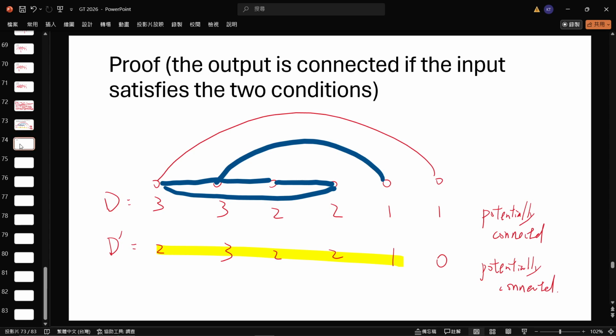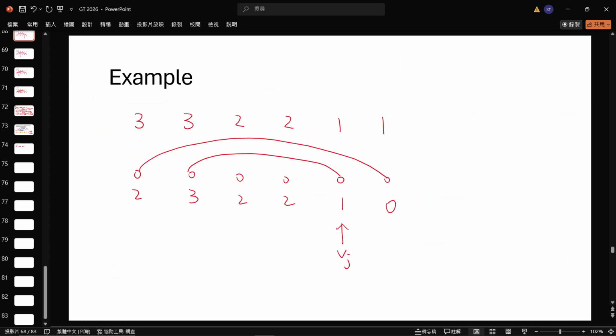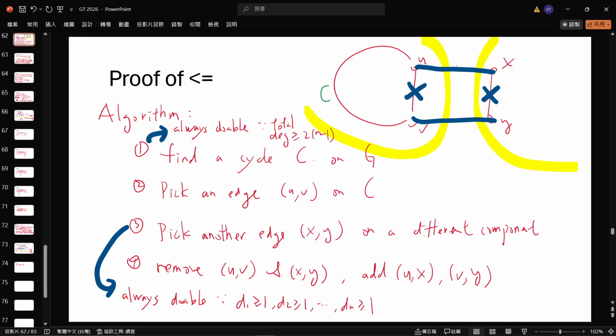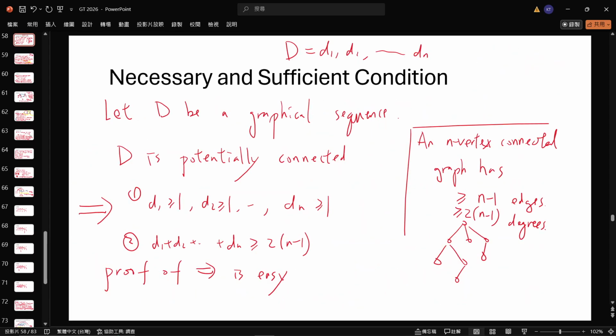So we're going to prove, if D satisfies, I'll just write 1 and 2, okay? So these are the two conditions. These two, okay?